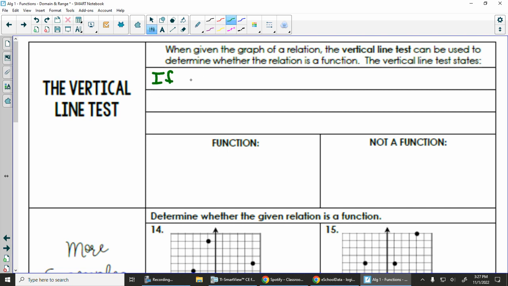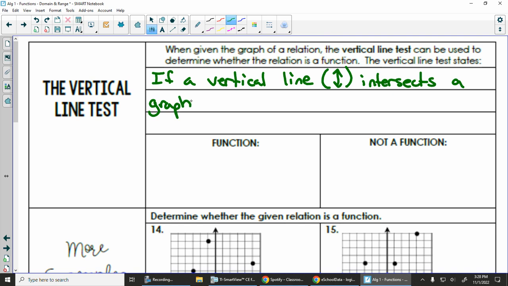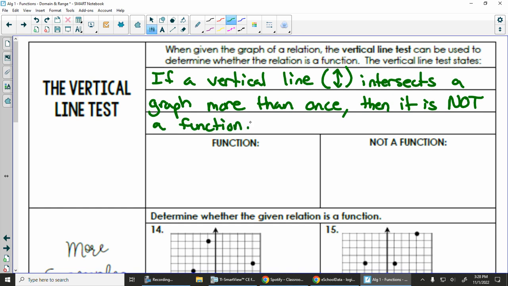If a vertical line, and remember, a vertical line would be a line that runs up and down, so in case you don't know that, intersects a graph more than once, then it is not a function. Okay, and again, I'm going to give you a visual for that, all right?